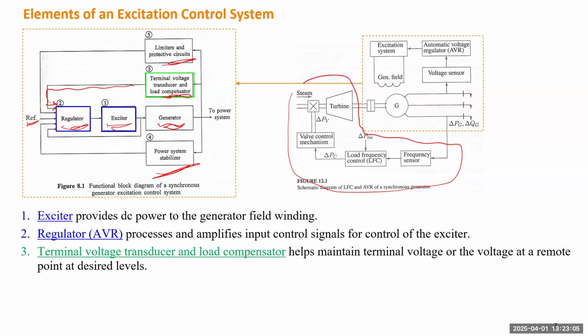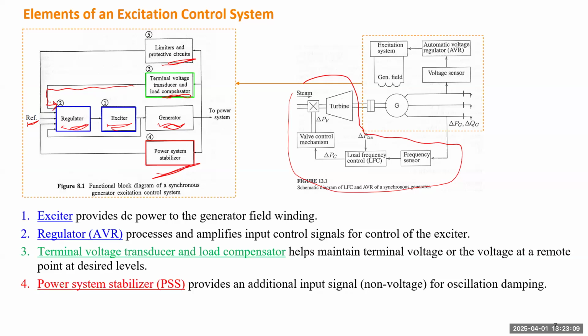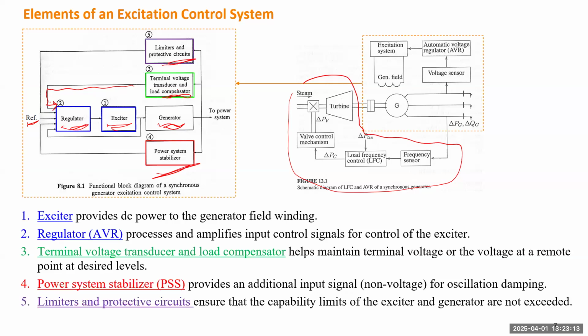Regulator is basically the AVR. And terminal voltage transducer and the load compensator and power system stabilizer. So we'll cover all of them. Okay, last will be the limiter and the protective circuit. We don't go into the detail, but basically they try to protect any circuit in case they reach the limit of the current.